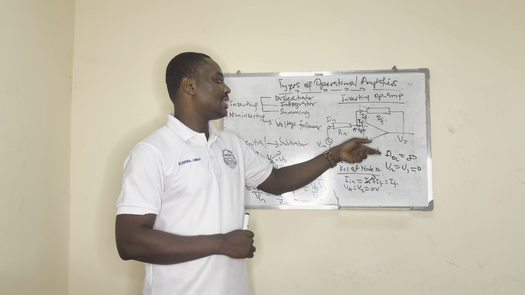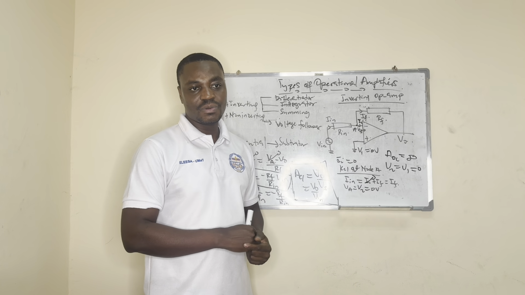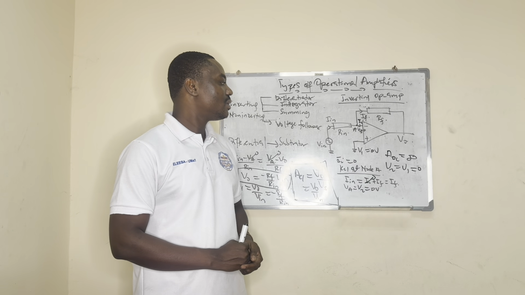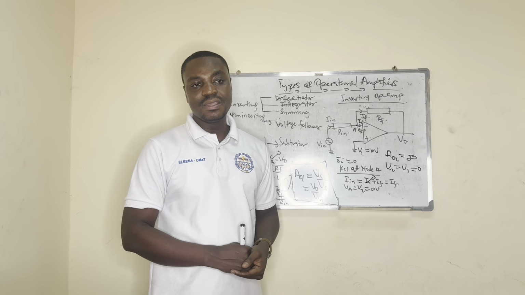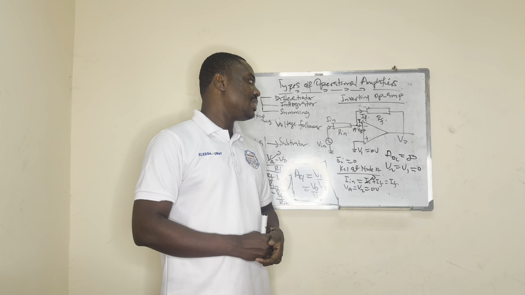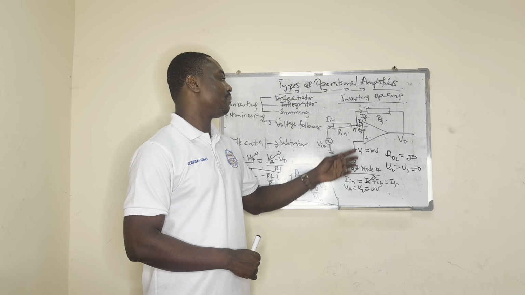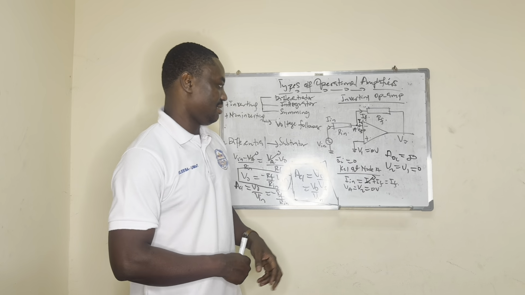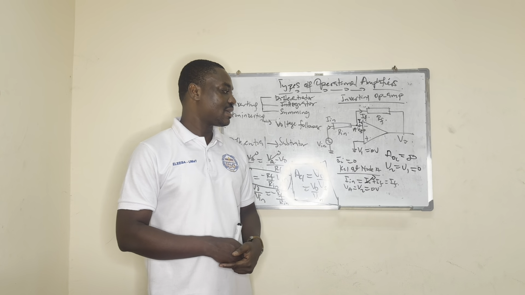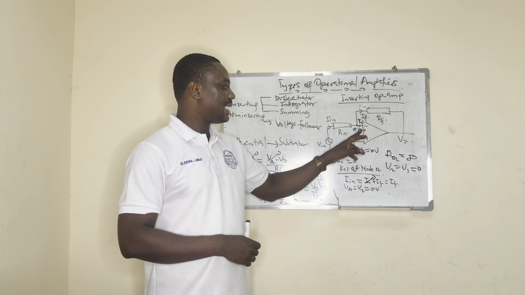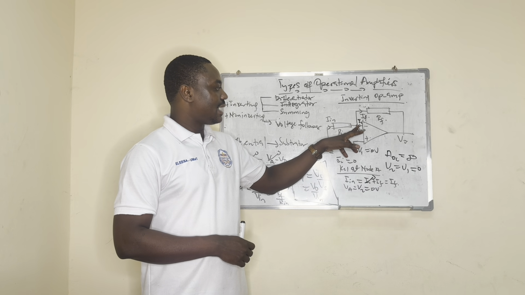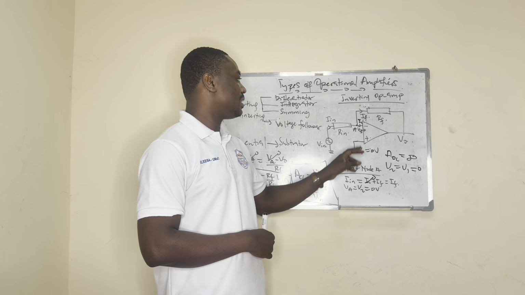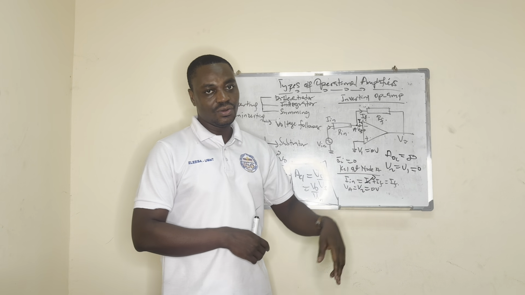And since an operational amplifier has infinite input impedance or resistance, the current into the operational amplifier is almost zero. So the current entering the input terminal is going to be zero. And here at node A, you can see IN is entering node A, and then you have IF leaving node A.